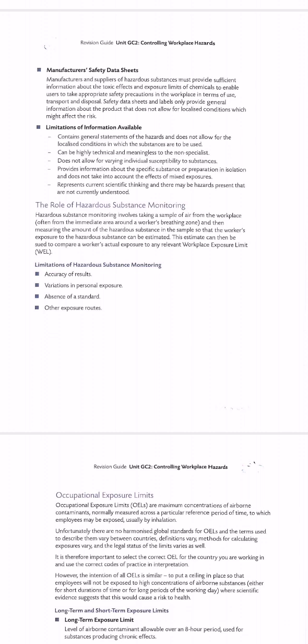This estimate can then be used to compare a worker's actual exposure to a relevant workplace exposure limit, right? So this simply means that whenever someone is working in a highly toxic area, they should have something that can test the air and test the exposure, like radiation. They should have equipment which can test the limits of what you are exposed to, depending on the area.